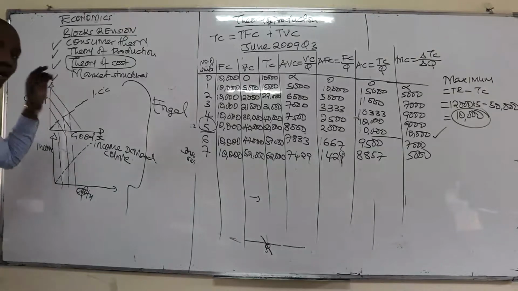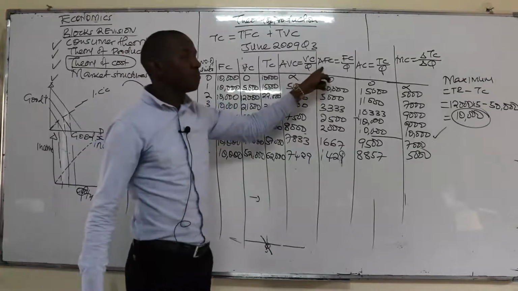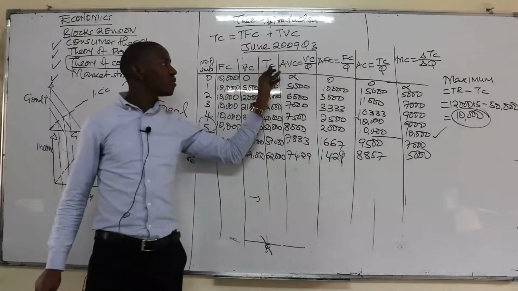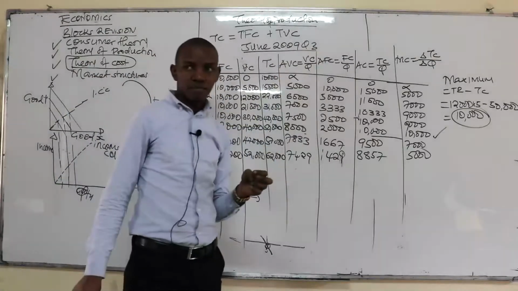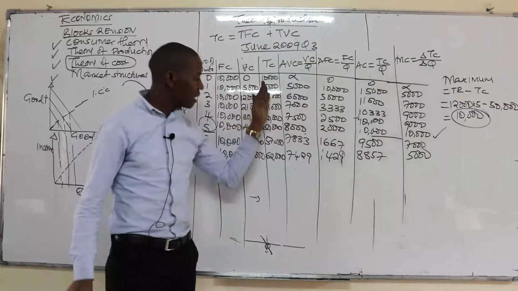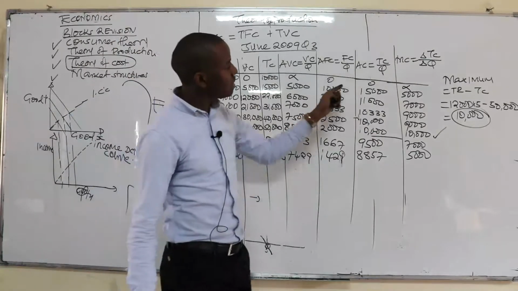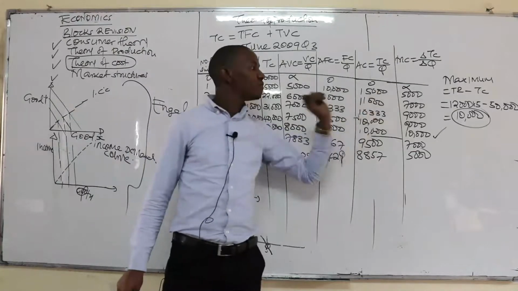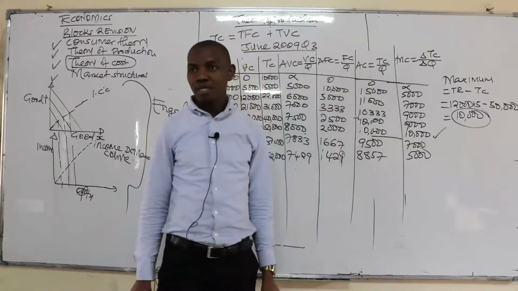So if you are asked about the relationship between either the average fixed cost, or maybe the average total cost, maybe the average cost and marginal cost, you can now take it from here. When you check on the total cost, it is increasing. And as the total cost is increasing, look at the average. Average cost started at 15,000, and going up, what is it doing? It is decreasing.